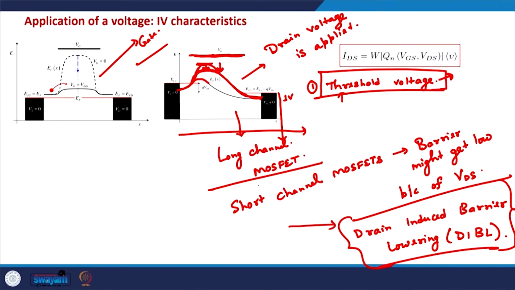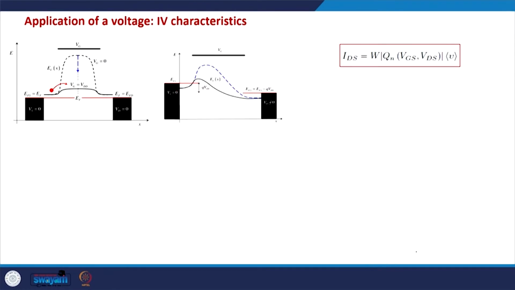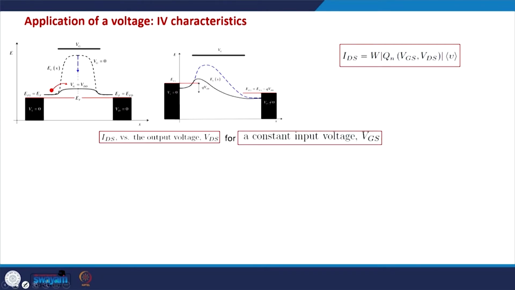Now, let us see what the IV characteristics of the MOSFET look like. Before going into them, let me point out that there are two kinds of current voltage characteristics in MOSFETs.